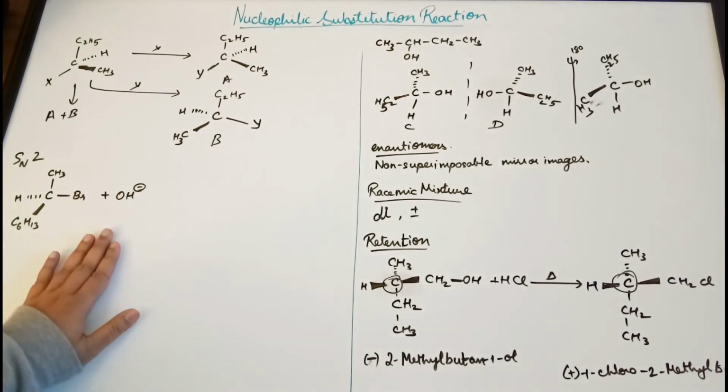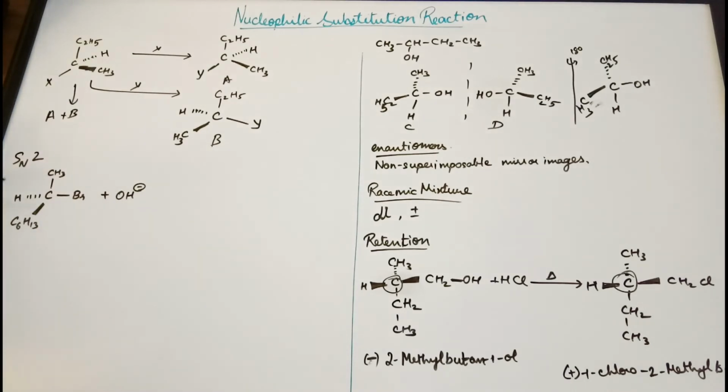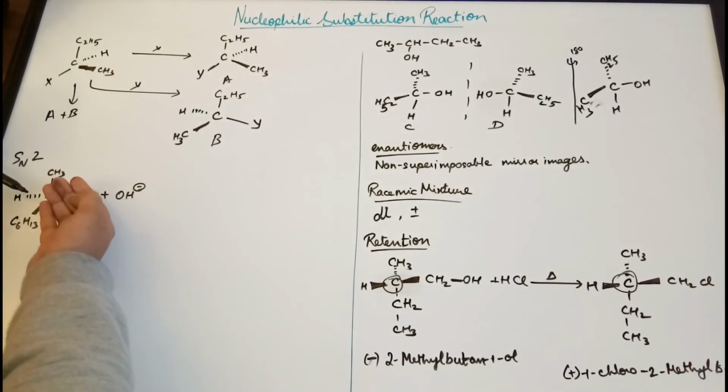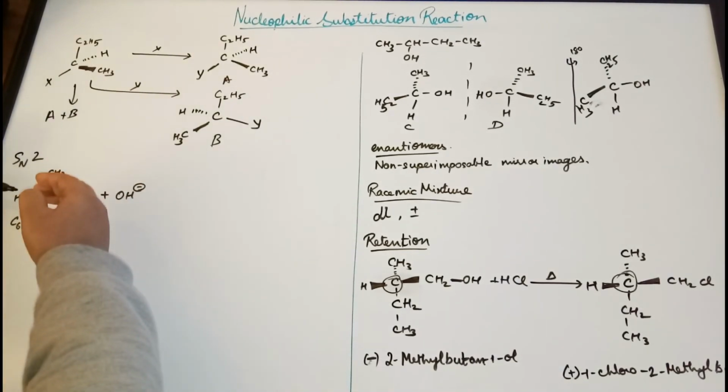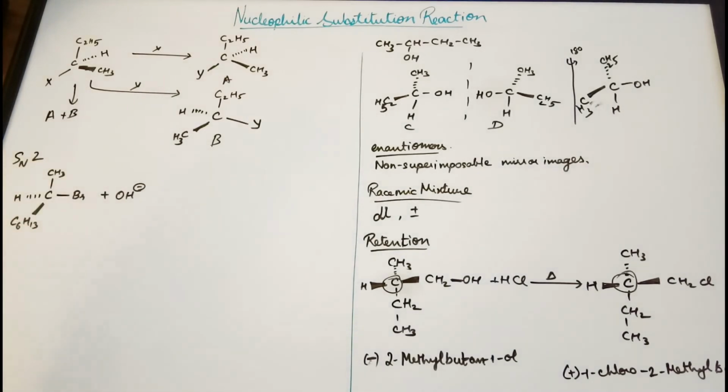So what happens here? In an SN2 mechanism, the OH has to attack from the back, and that leads to the formation of a transition structure. When it attacks from the back, this bromine will start to come out. So there will be an inversion of configuration.